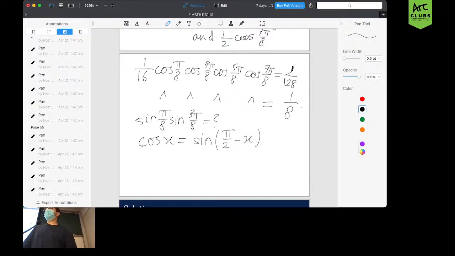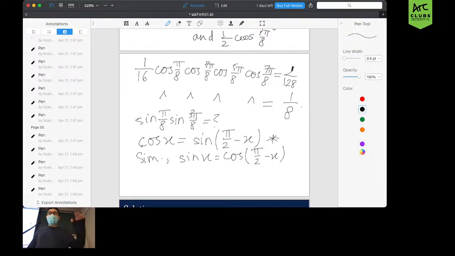Does anyone have a question? No? Okay. So this is the complementary angle identity, and this is used to convert cos functions to sine functions. Similarly, we could convert sine functions to cos functions. However, in this question, it's not necessary to do this. We only need this first one.